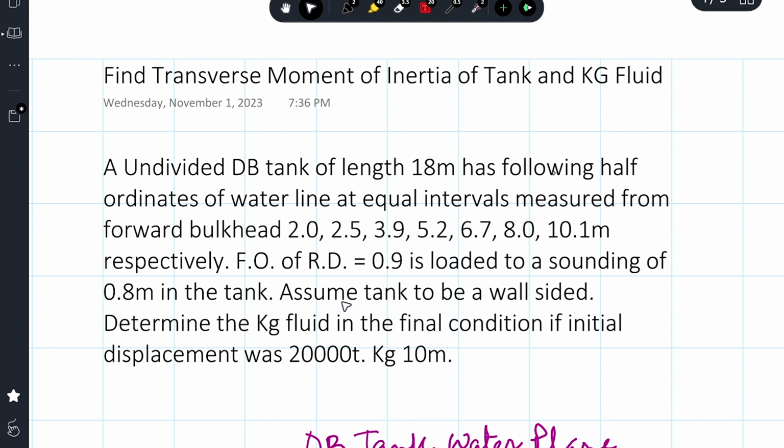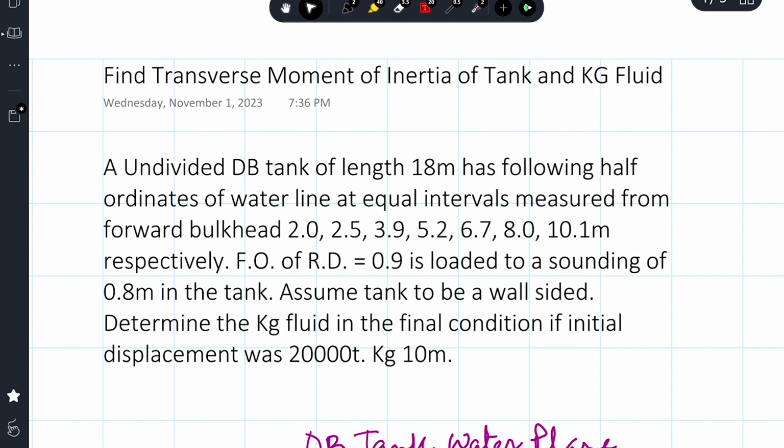So the liquid surface area does not change because the tank is wall-sided and its sides are parallel. This will allow us to take the KG of this tank as half of the sounding, 0.8 meter, because it's wall-sided, so no curvature and all.